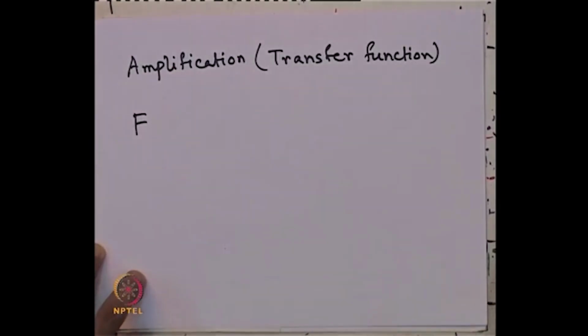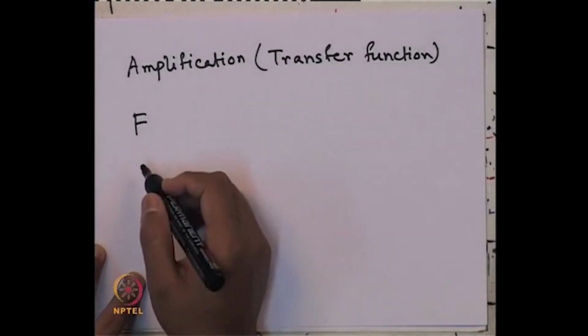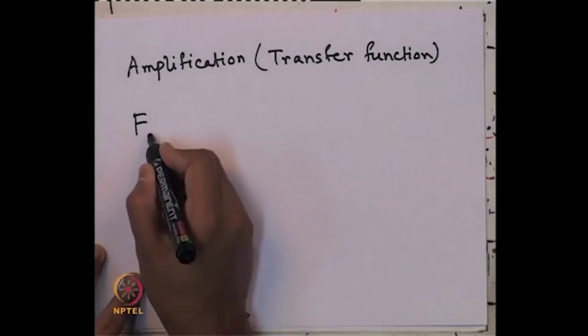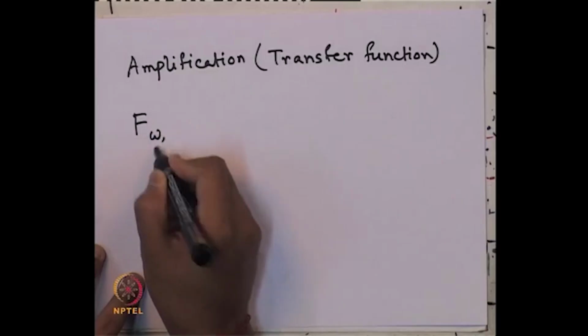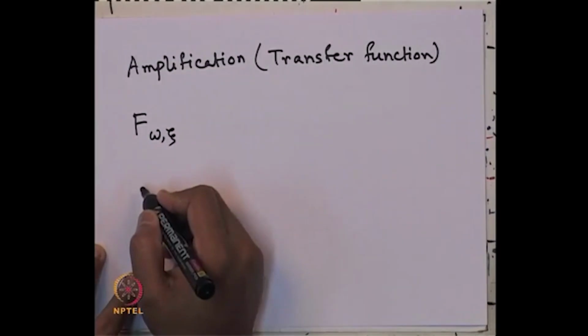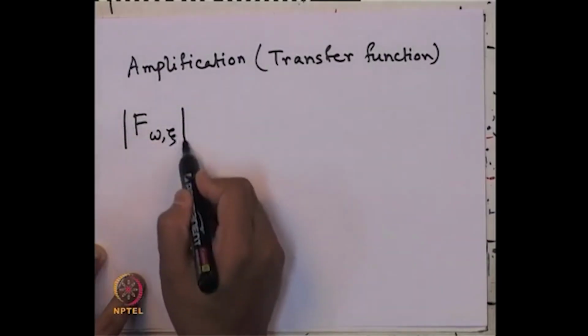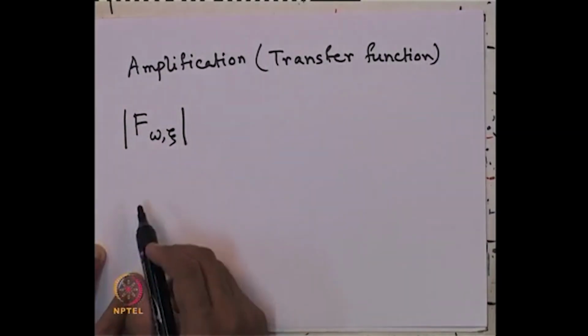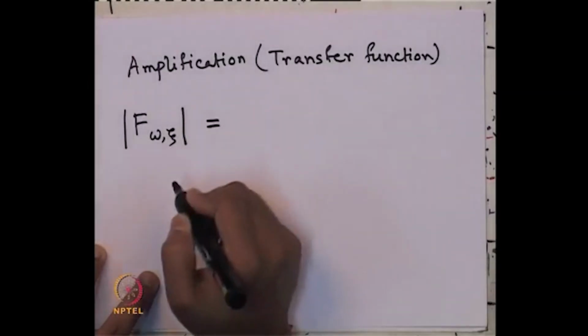If we refer to our theory class of this associated problem, we need to find out F at some omega and some value of damping ratio eta, the mod of that. What was the equation given for this condition?